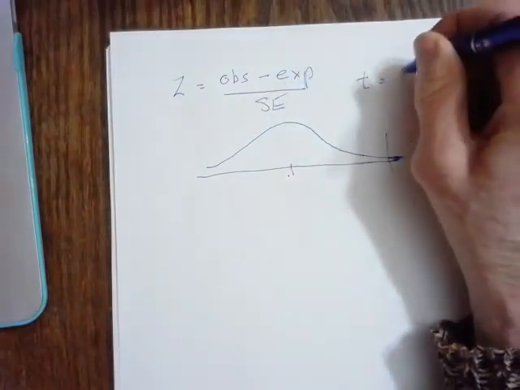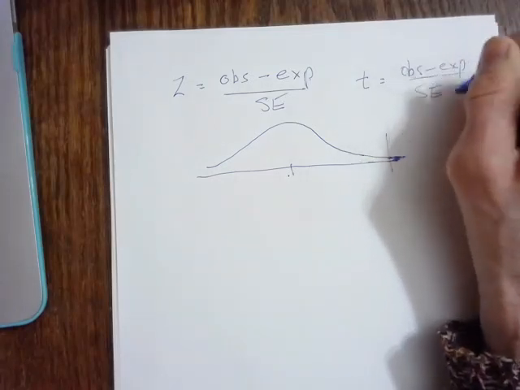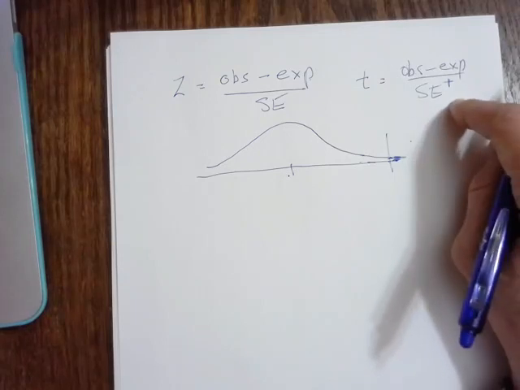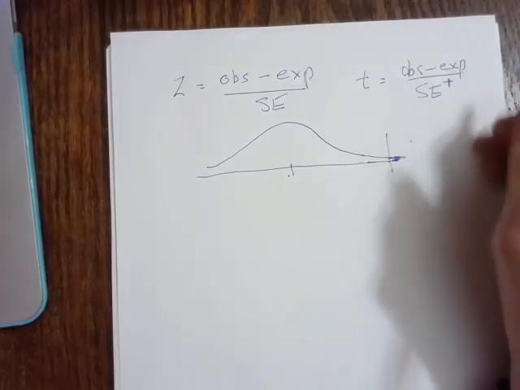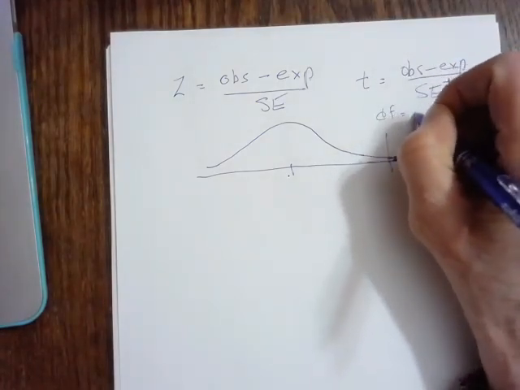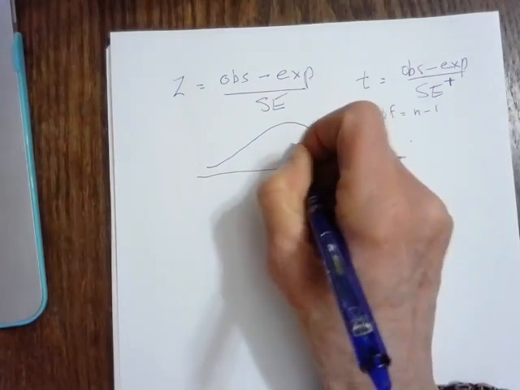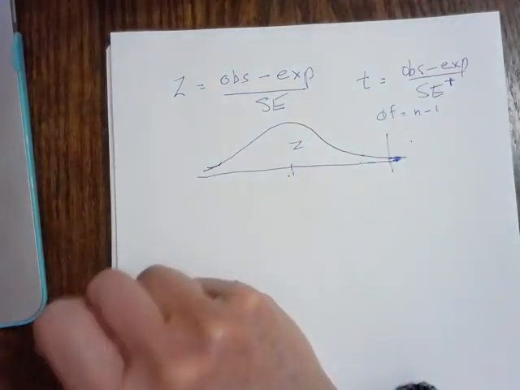This one just has still the observed minus the expected, but this one has a standard error that's tweaked a little bit. You divide basically the standard deviation by the square root of n minus 1, and its degrees of freedom is n minus 1. And you have these t curves. If this is the z, you've got these t curves that are fatter in the tails.